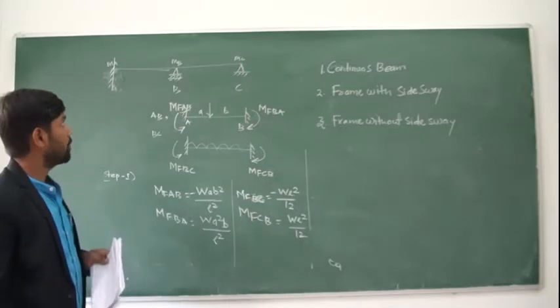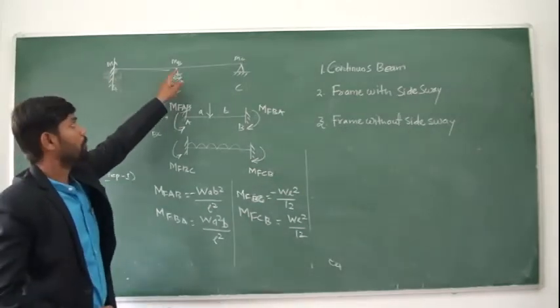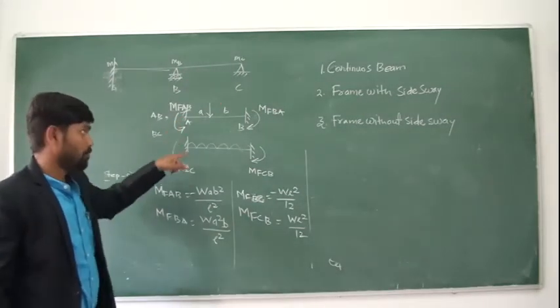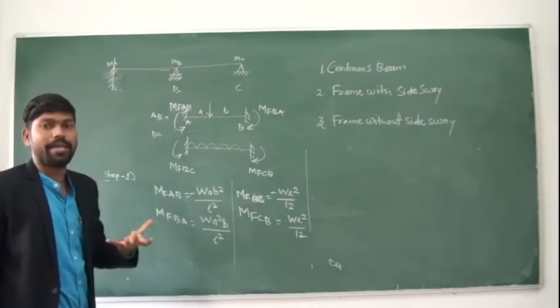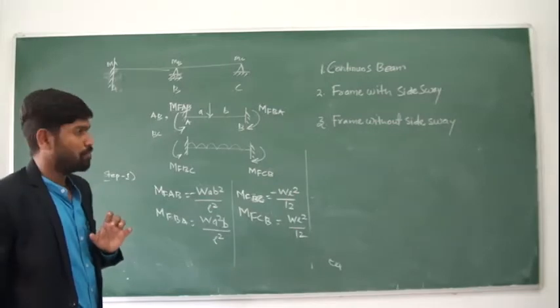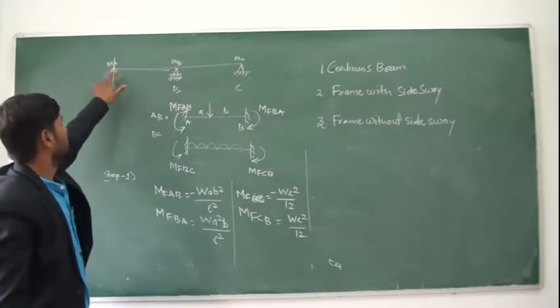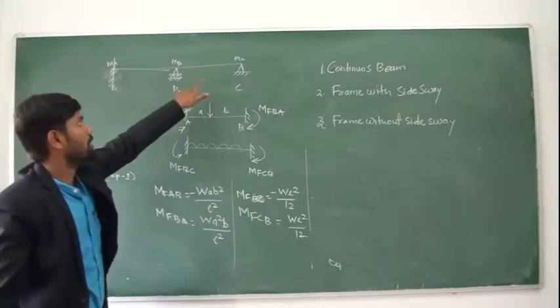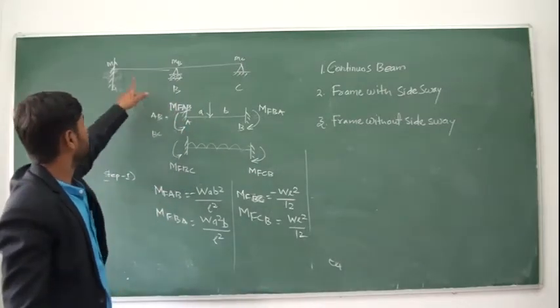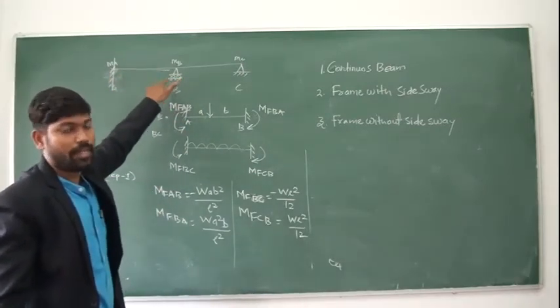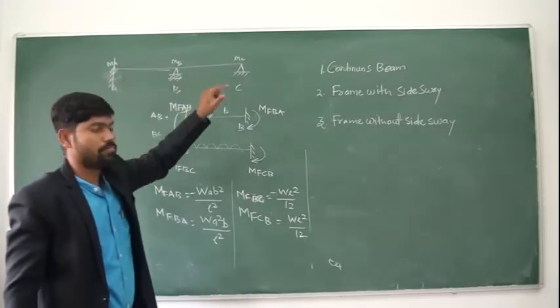So the ultimate aim is to find out the support moment, not these fixed end moments. Fixed end moments consider each span separately as a fixed beam, but the actual beam is not fixed. Here one support is fixed, one is roller and one is hinged. So you have to find out the moments in the actual beam, that is MA, MB and MC.